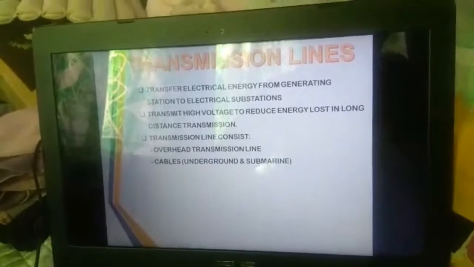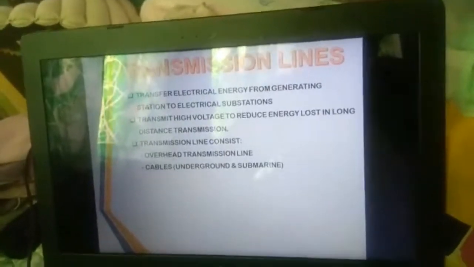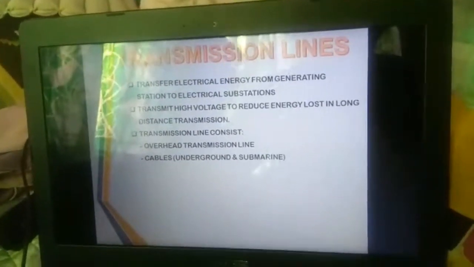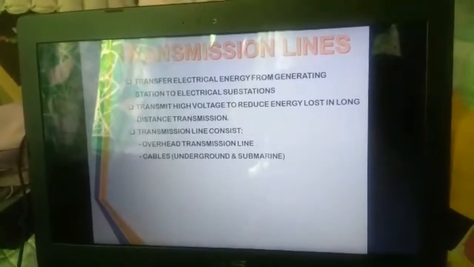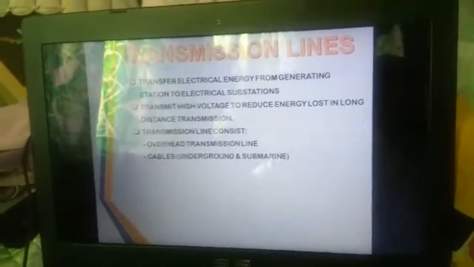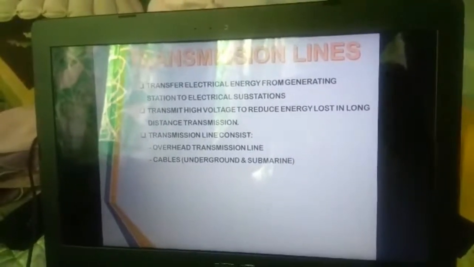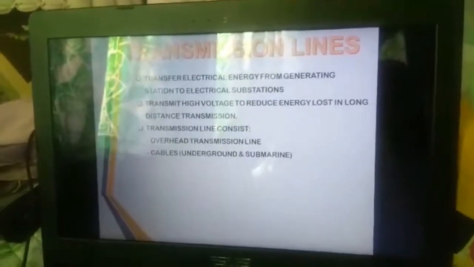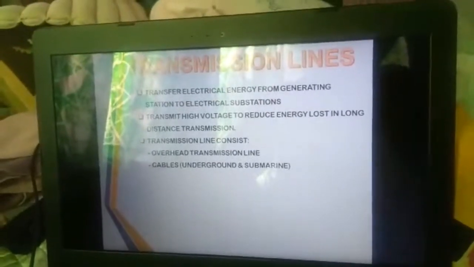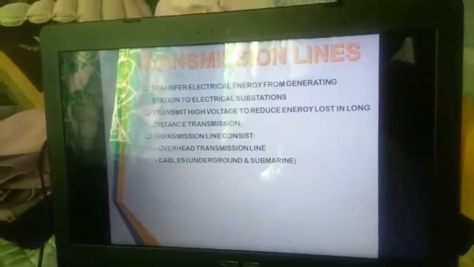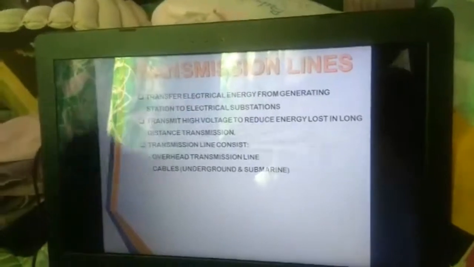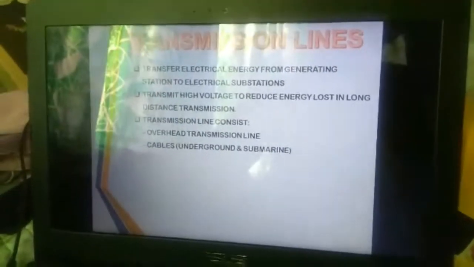The transmission line will transmit a high voltage to reduce loss in long distance transmission. The transmission line consists of an overhead line and its cable, and the cable is divided into two parts. The first part is underground, and the second part is submarine.